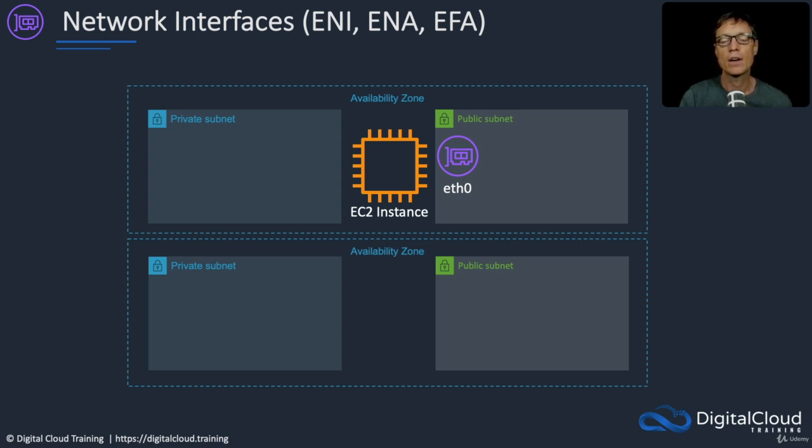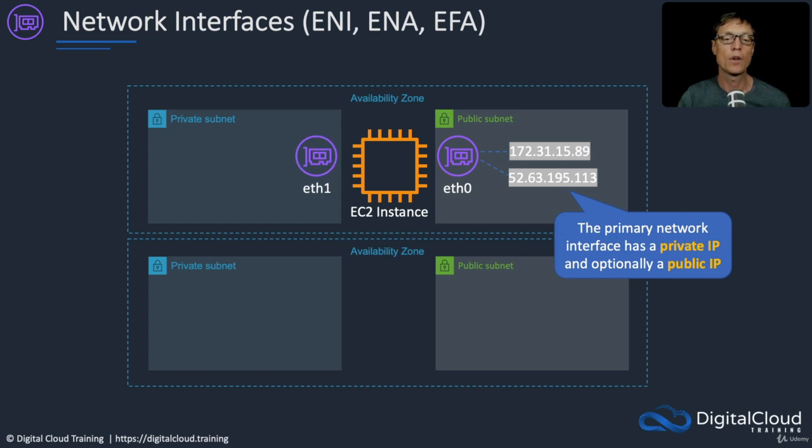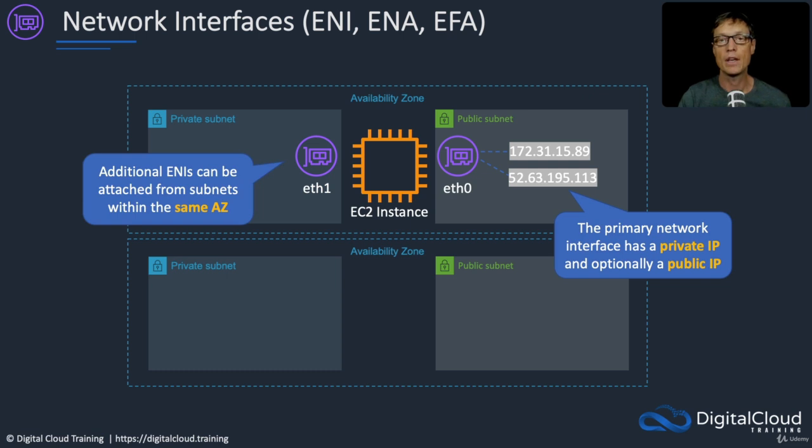So here we have an EC2 instance. It has its ETH0 adapter in the public subnet, and that has a private IP address assigned to it, and it also has a public IP address as well. Now, we could also have another network interface which is in a private subnet, but it has to be within the same availability zone.